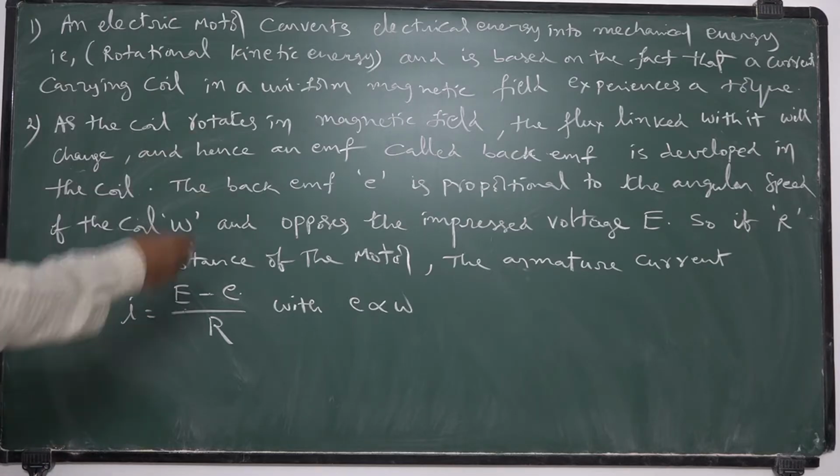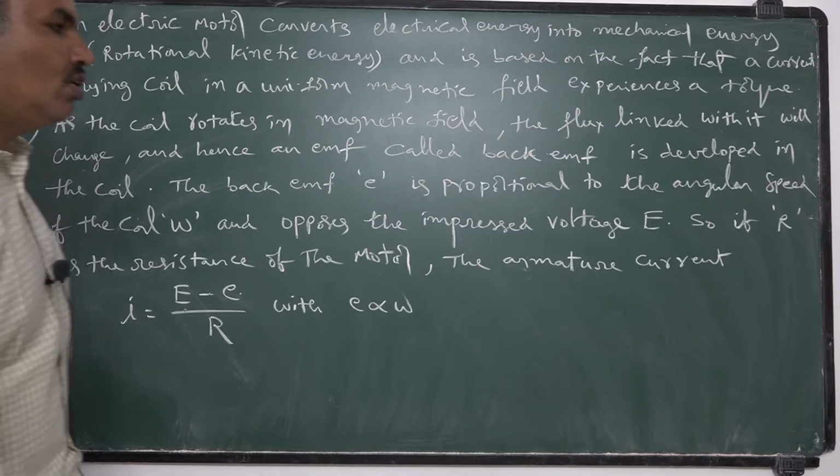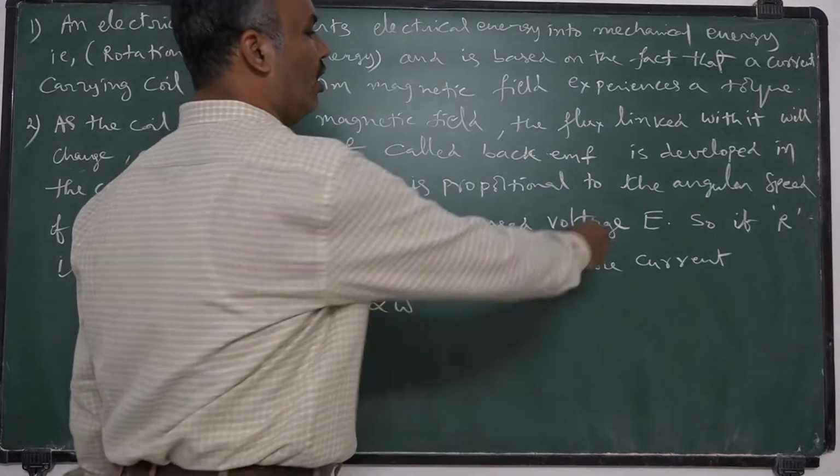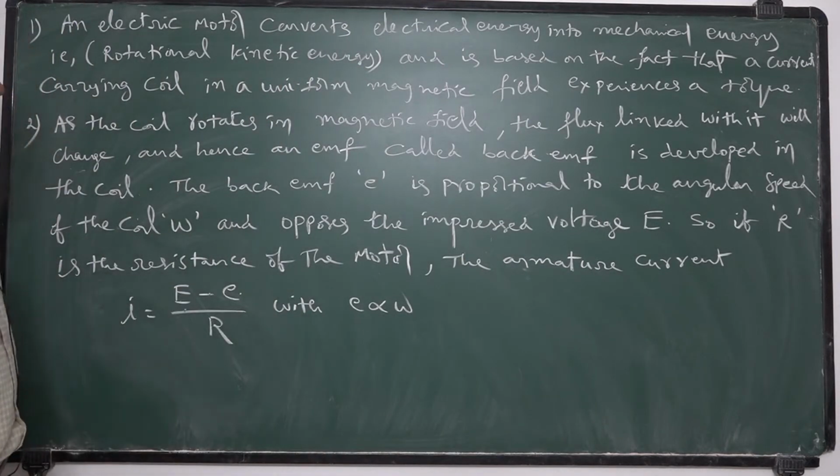So the point clearly says that whenever the coil is rotated in the magnetic field, some back EMF gets developed in the coil, and that back EMF opposes the impressed voltage, that is, the voltage responsible for rotation of the coil. So the net voltage is applied voltage minus back EMF, and the current is net voltage by resistance.